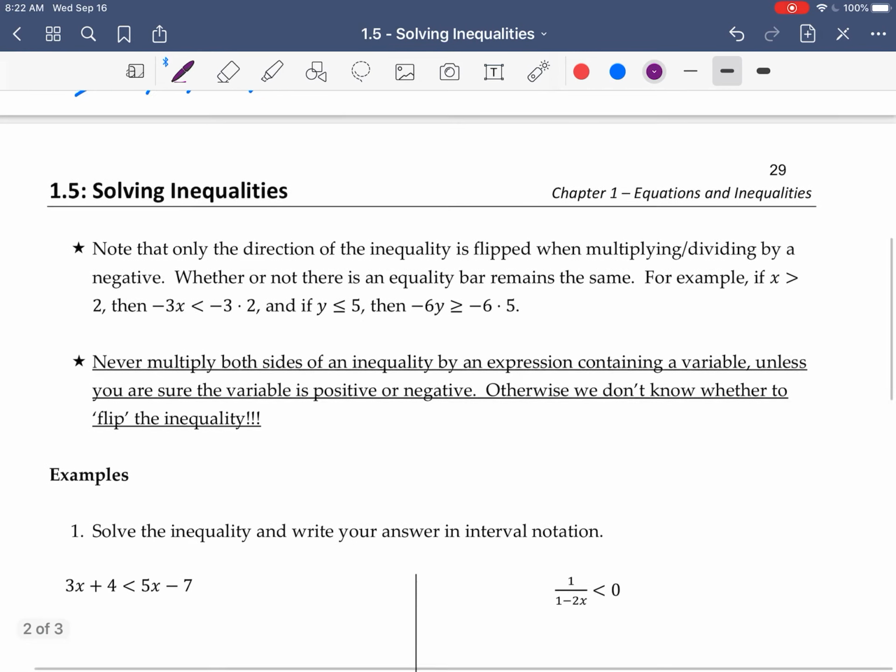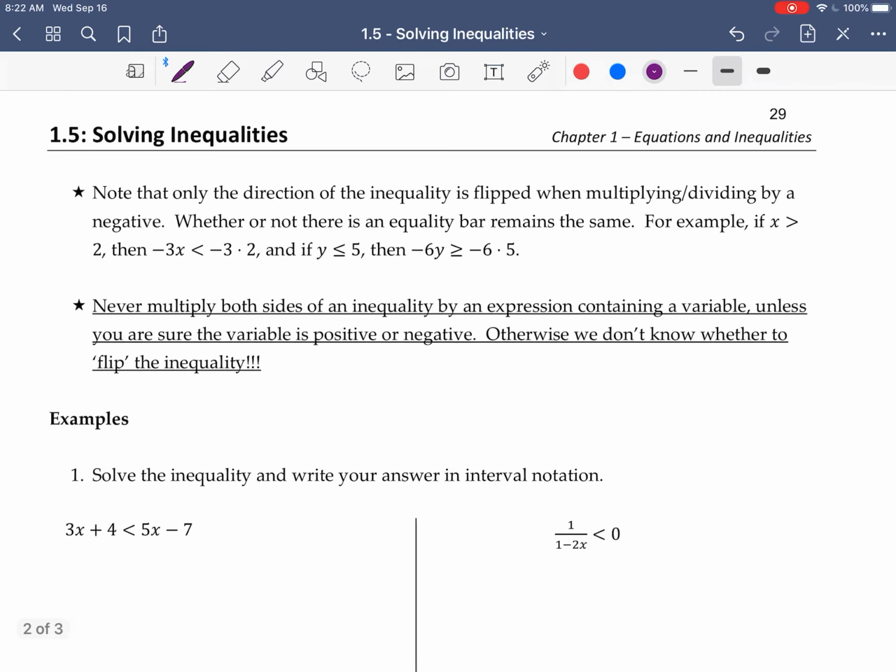So just a couple of notes. Only the direction of the inequality is flipped when you multiply or divide by a negative. You don't change whether or not the equality is included. For example, if x is less than 2 and we multiply both sides by -3, we change the inequality, but we don't add an equals.